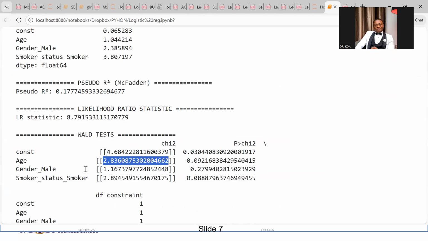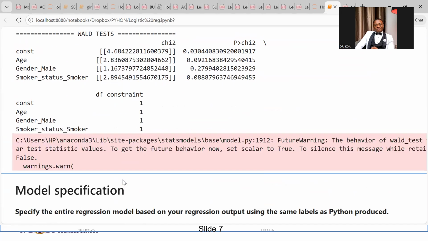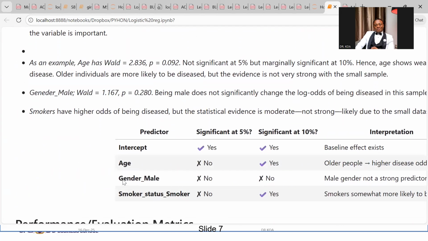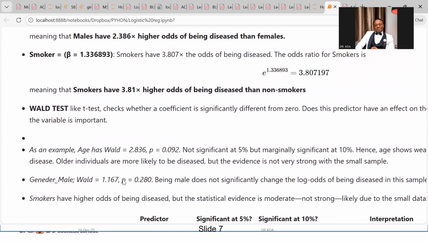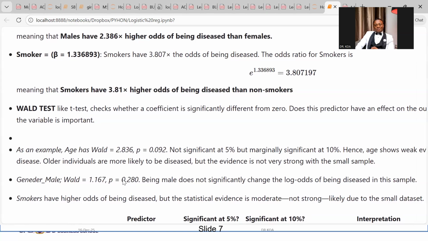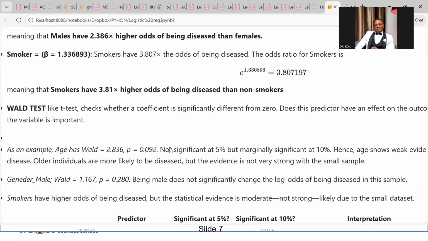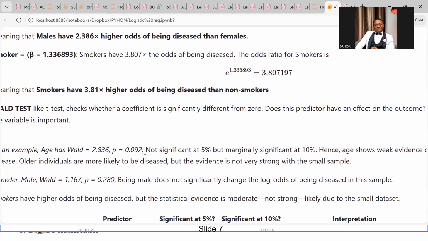The Wald test, or the T statistic you would have said for normal regression, for gender is this, and then for smoker status is that. What does this mean? Let's take the Wald test for age, which is 2.83. When you check the p-value, it is significant at 10%. I've indicated here that it is not significant at 5%.